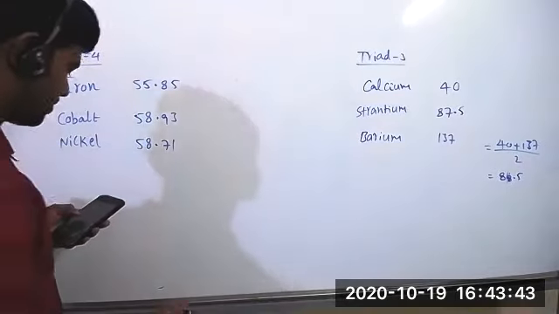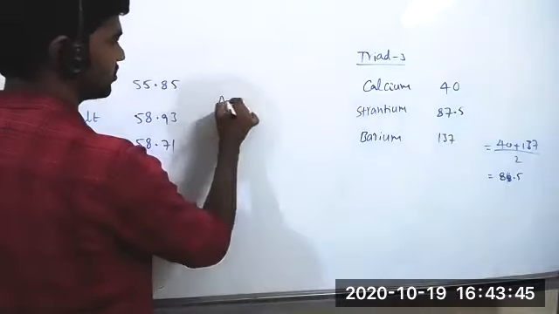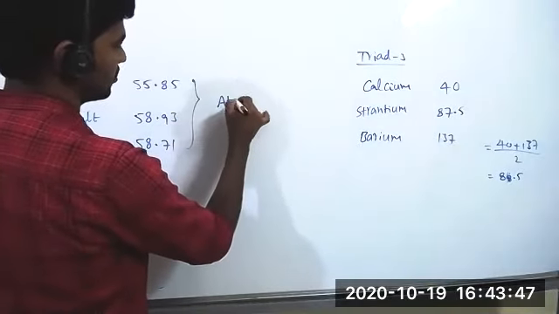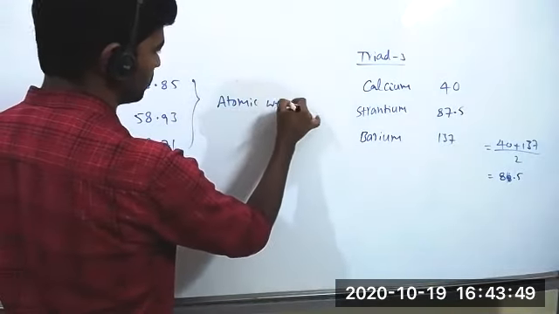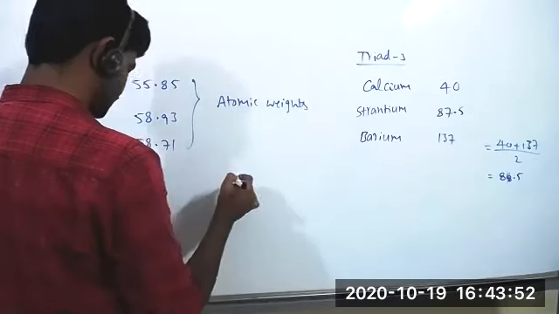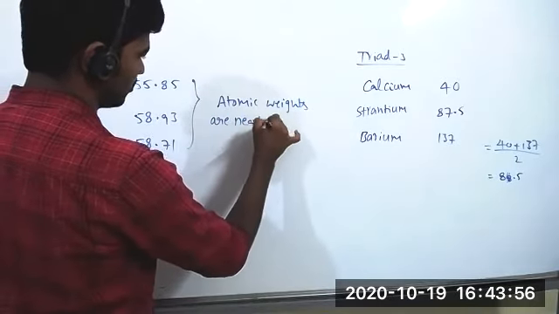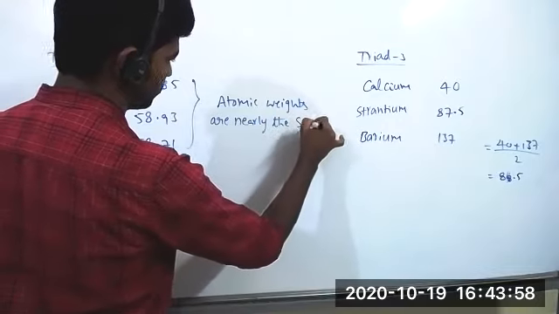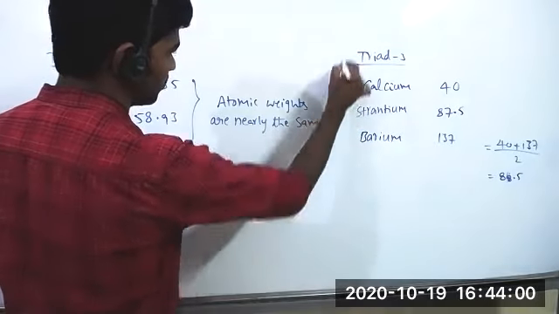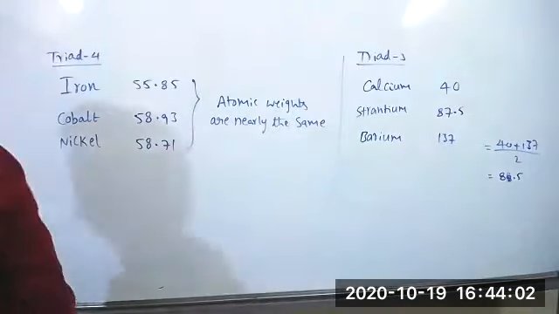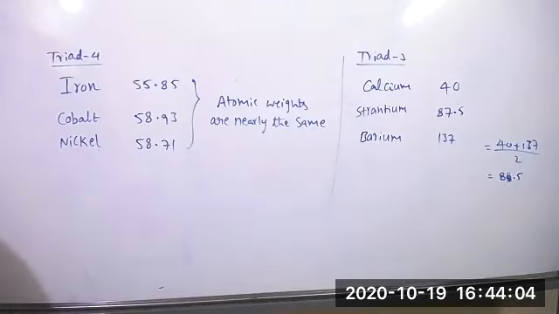So here we can write that the atomic weights are nearly the same. Everyone should learn the first two triads by heart. In exams they directly ask what is Dobereiner's triad and one or two examples.